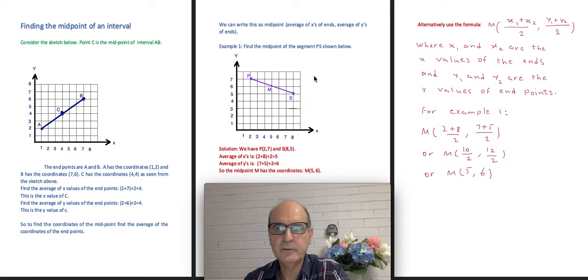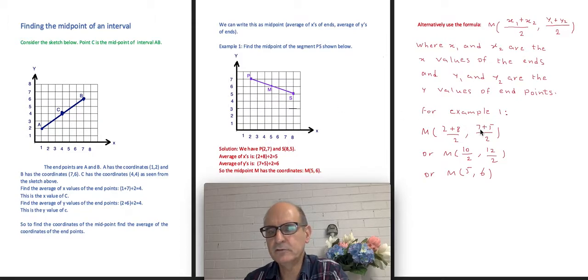For this example, if I want to do it that way, M will have coordinates of M, bracket, x's of the ends. So 2, x of this end, x of the other end, 8. So 2 plus 8 over 2. Then comma, then y of one end, which is 5, and the y of the other end is 7.